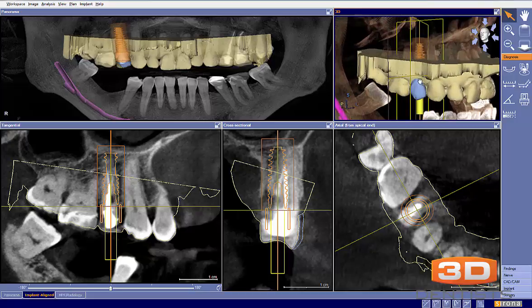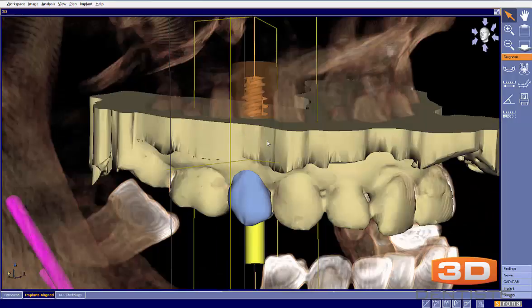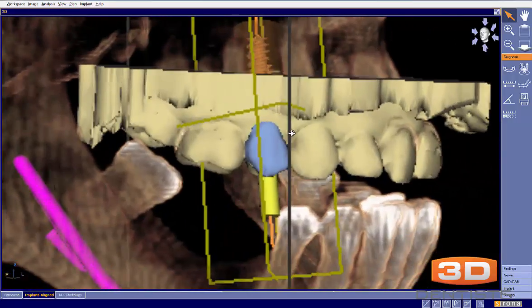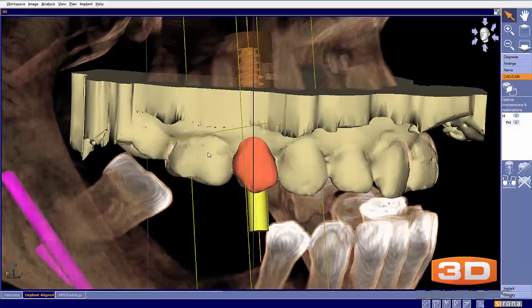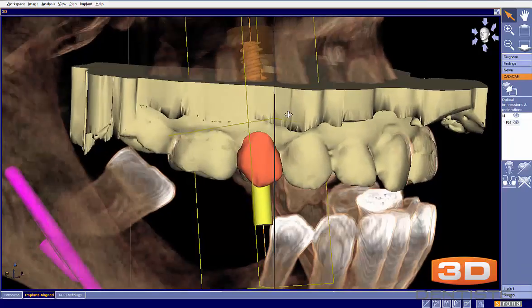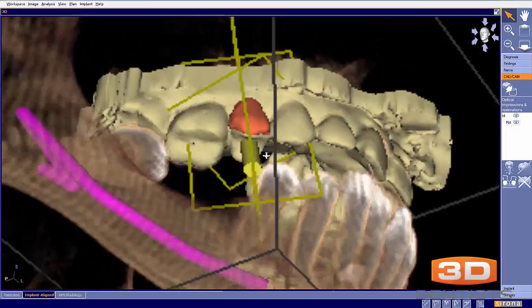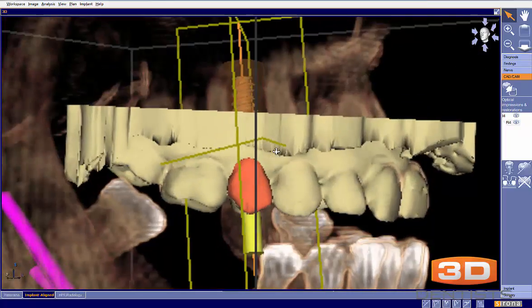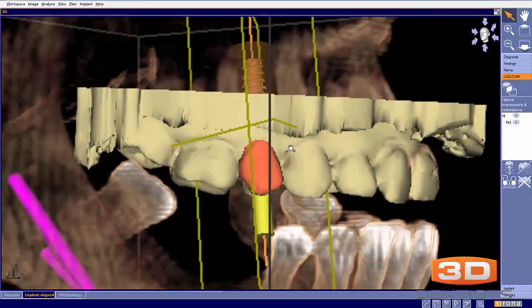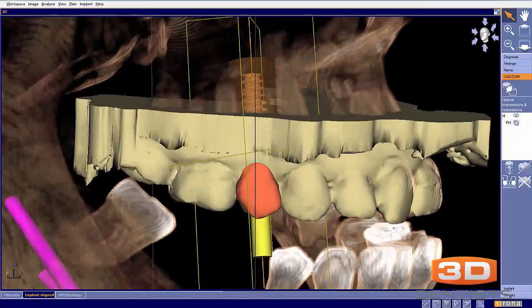So let's go ahead and take a look at our virtual design. The good news here is our virtual design is one of the things that I teach in immediate placement. Don't just make a tooth anywhere. Let's make a quote-unquote veneer on this tooth to allow us to see.